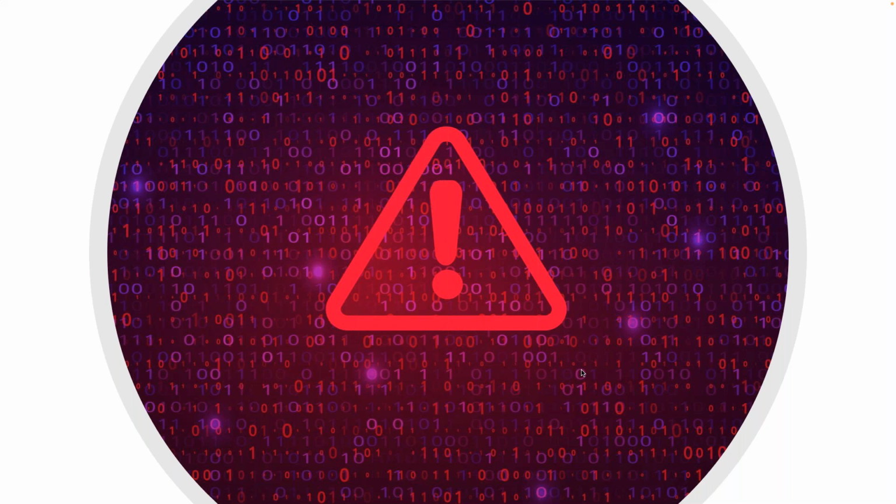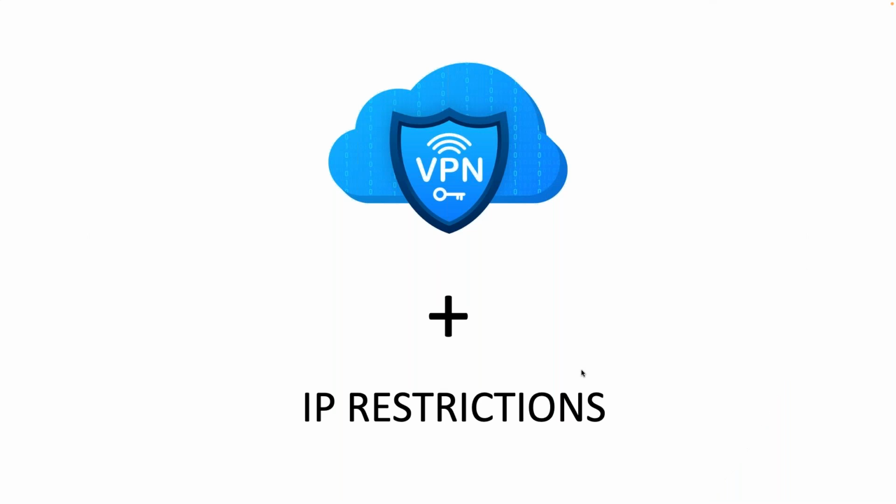If you're putting, I don't know, personally identifiable information into your database, you may very well want to protect that so that you can't simply get to it by pointing to a URL that you suddenly figured out how to get to. And the way you could do that is by setting up a VPN. I'm not going to do that today, but basically a VPN is an application that can run on your mobile device, and it can basically always have the same IP address.